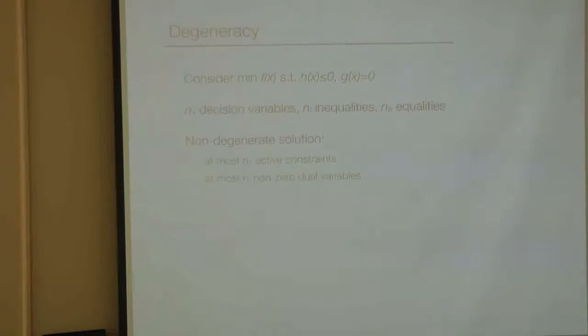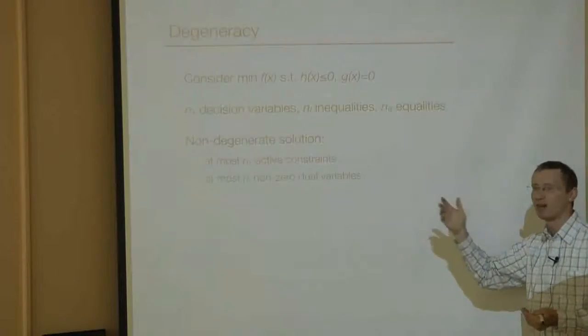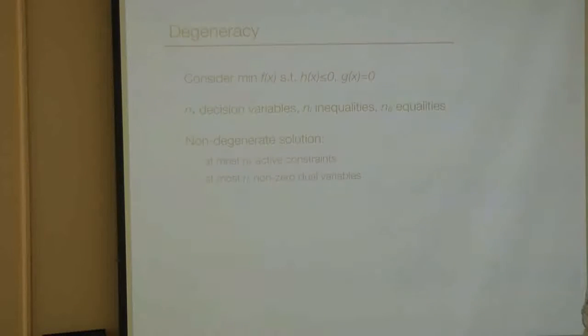And those additional equations we obtain from the active constraints. So we say, what if we set this constraint to be equal to 0? What we obtain is that suddenly we have a new equation from which we can solve for the remainder of the unknown variables. But the problem is that sometimes we can obtain more equations than we have unknowns. And then we have an overdetermined system and we are in big trouble.